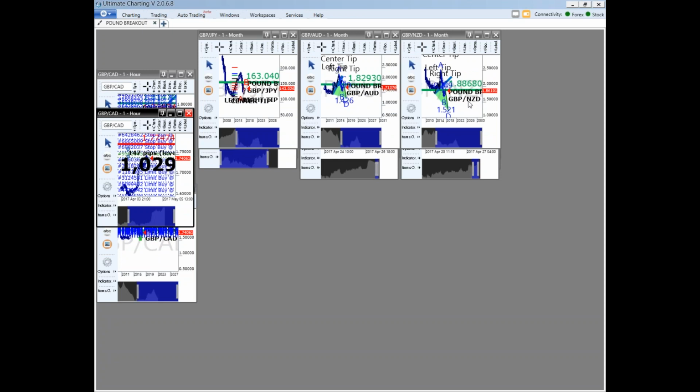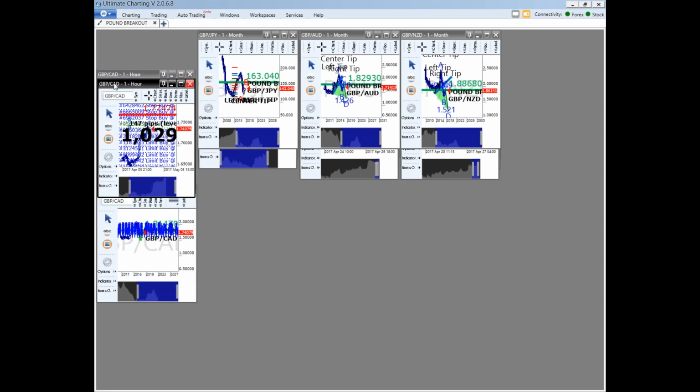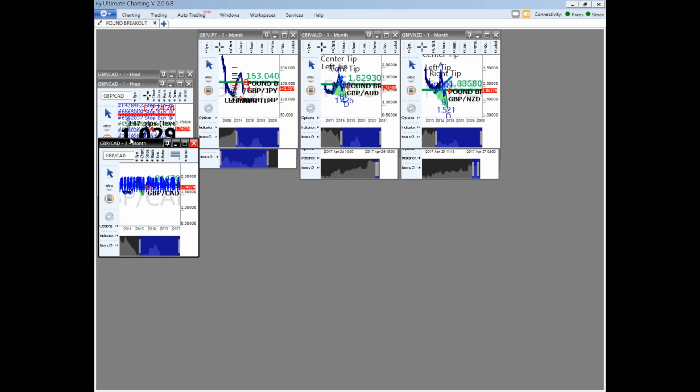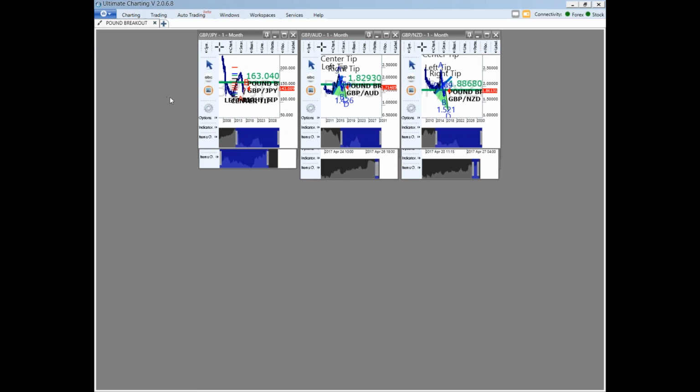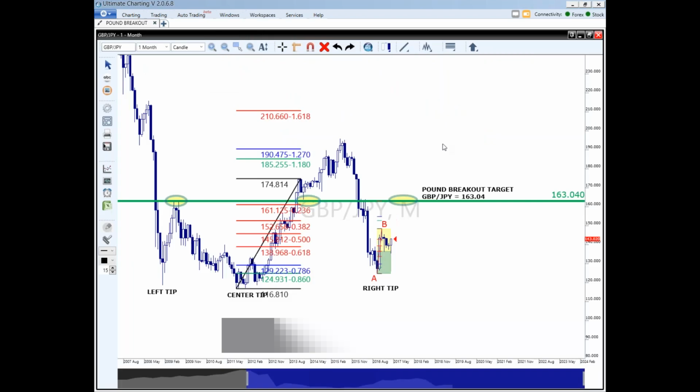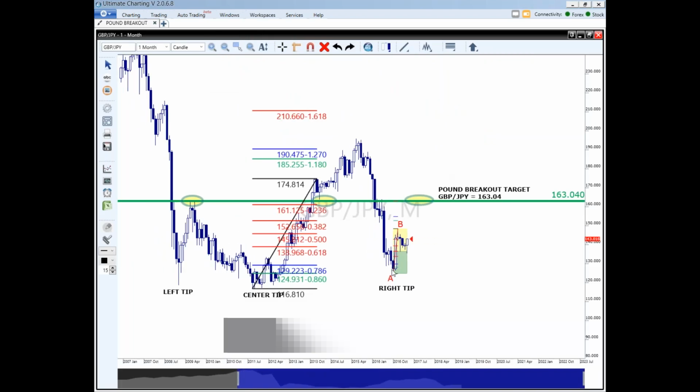Now, here's how this is now taking place in the market moving forward, okay? So we've done the pound Canadian, and as you can see, everything here is lining up. Pound Japanese yen, as we take a look at the pound Japanese yen, monthly time frames giving us an up A, B, C, D swing wave movement to the pound breakout target.